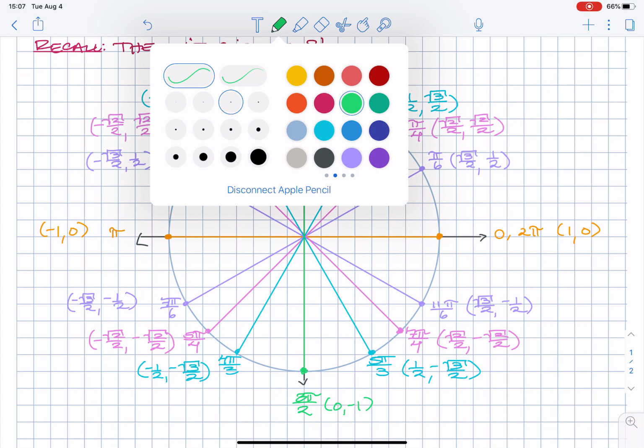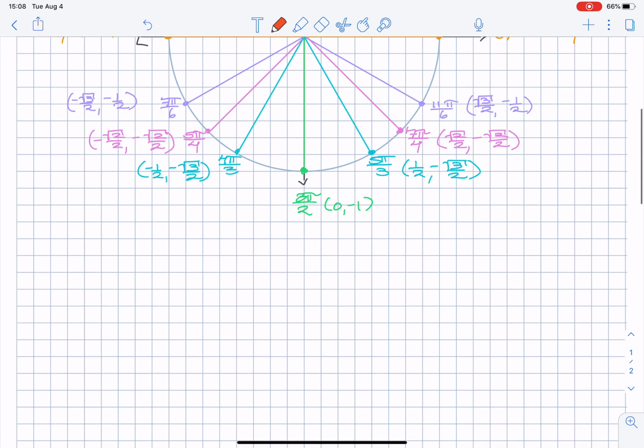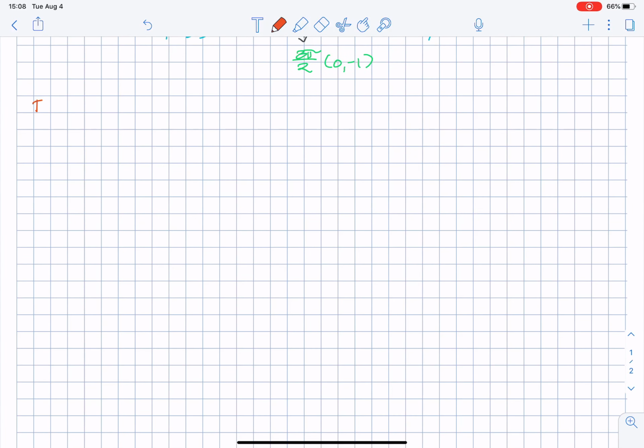But what else do I want to recall? Let's recall for all points on the unit circle. So for all x comma y, for all upside down A, so for all x comma y on the unit circle, I'm going to say element of S1.